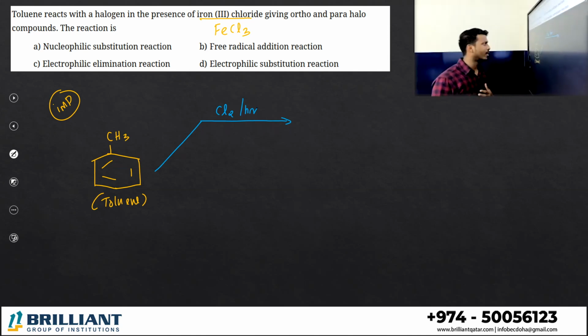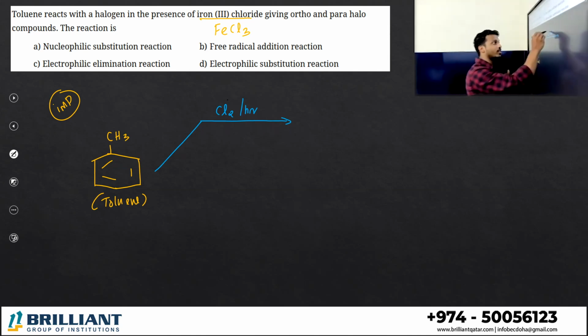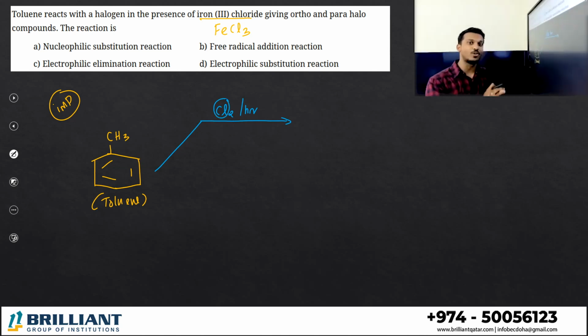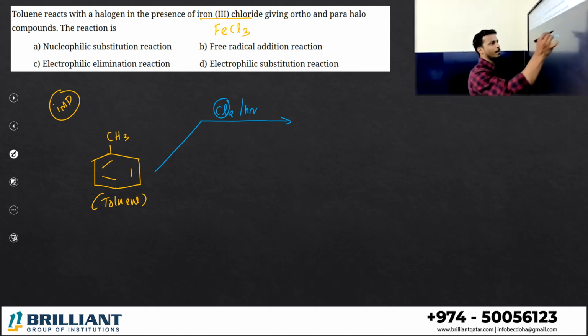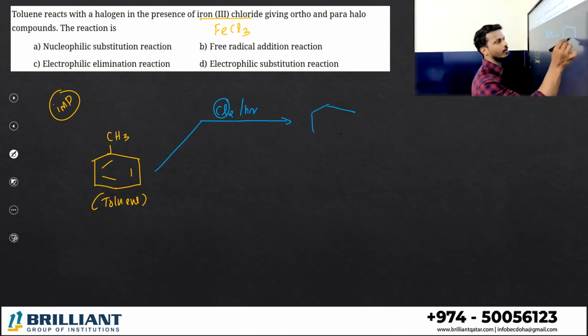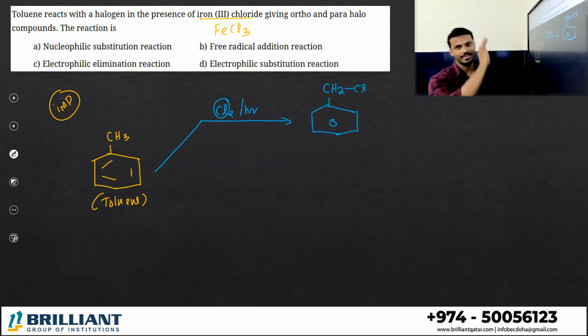The chlorine is substituted on the alkyl chain, which is the CH3 group on benzene. Your product will take one of the hydrogens from CH3 and substitute one chlorine, plus HCl.